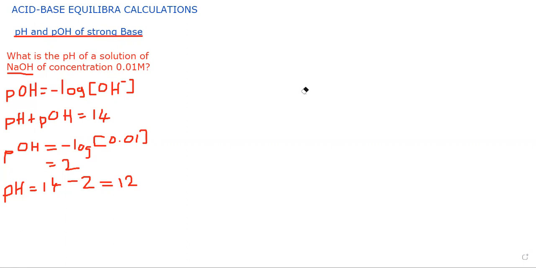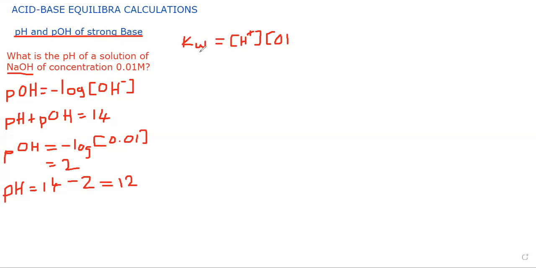So there's a constant, right? Kw, the ionization constant for water. Again, I'm just introducing you to the equations and how to use them. So Kw is equal to the hydrogen ion concentration times hydroxide ion concentration. Remember, Kw is the ionization constant for water.